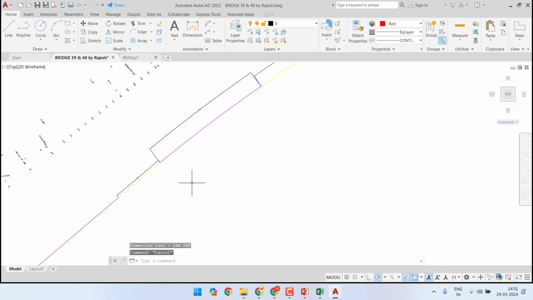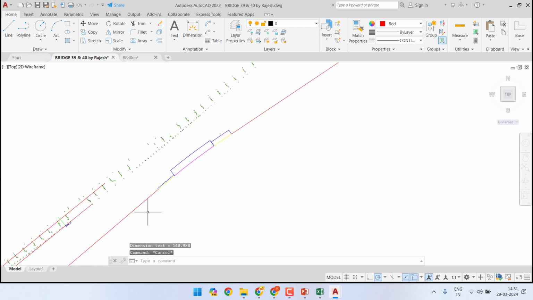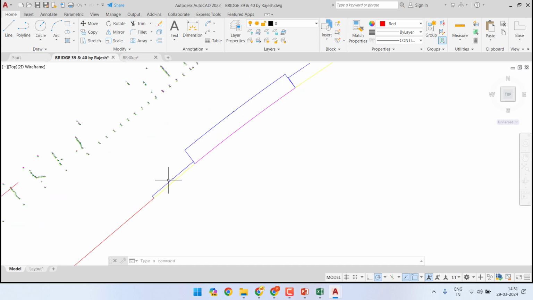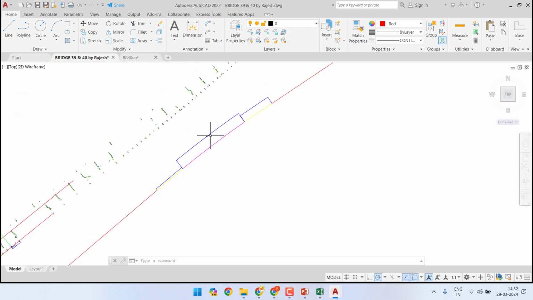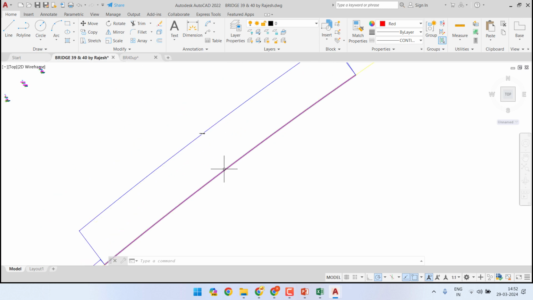So this is a command which we will use here to draw the curve, and what we control is the radius of curvature of the circular portion, and what we also control is the length of the transition, but we don't control the length of the circular portion.